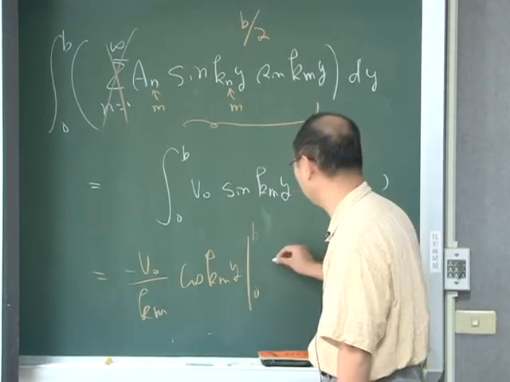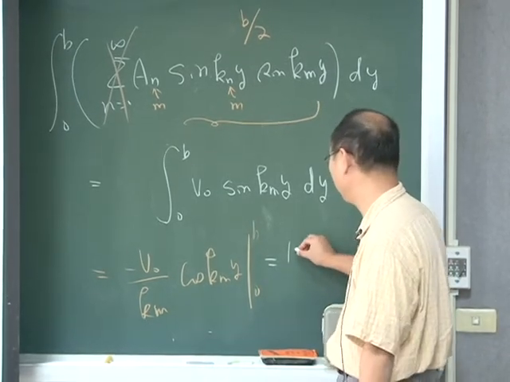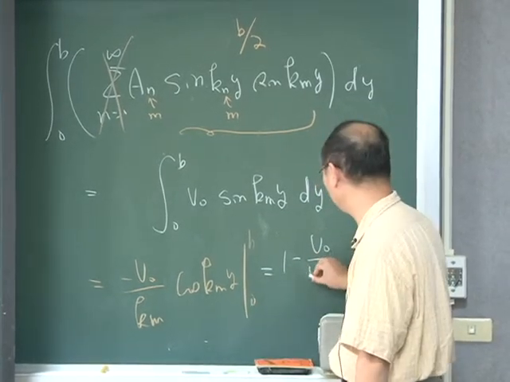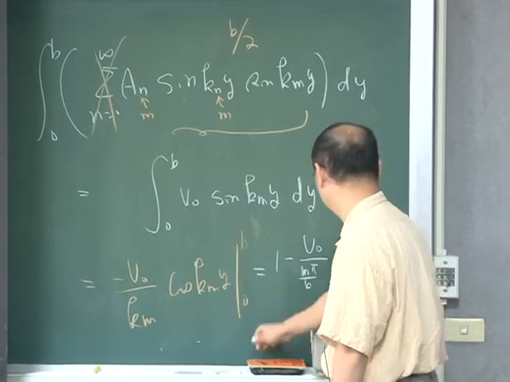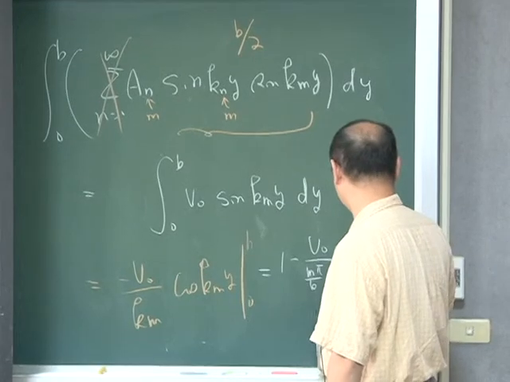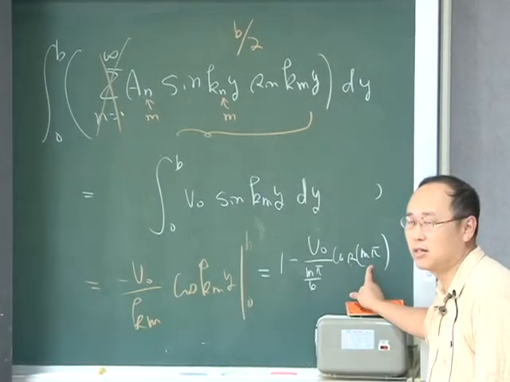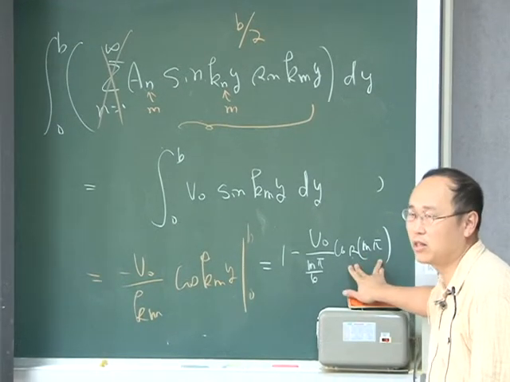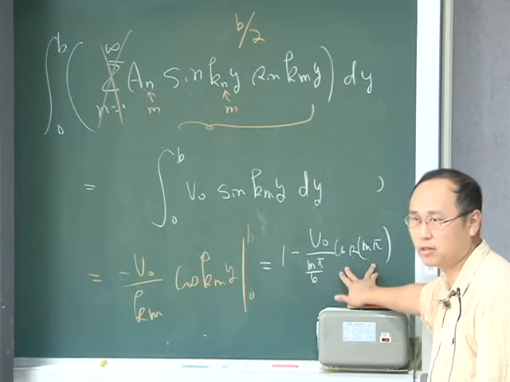Because this is going to be equal to what? 1 minus cosine m pi, times v naught over k_m, where k_m is equal to m pi over b. So when m is an even number, then this is 1. When m is an odd number, this is equal to minus 1.